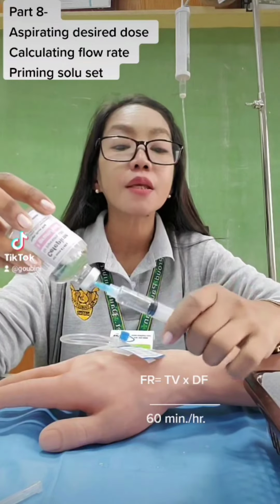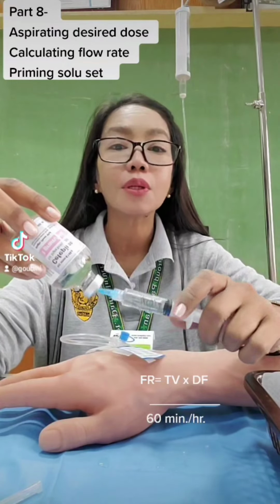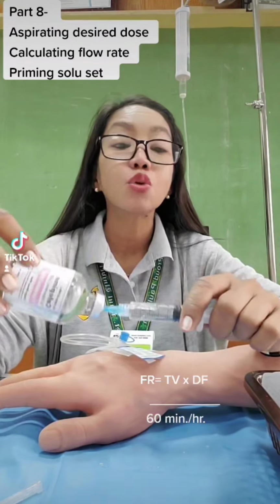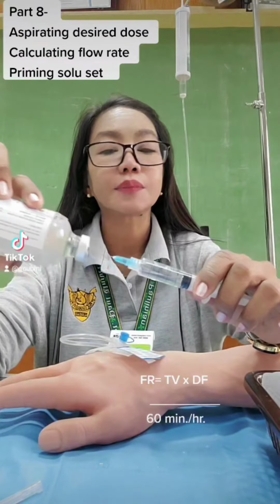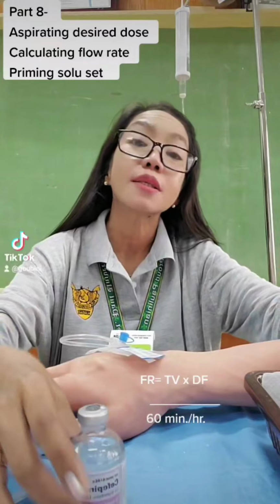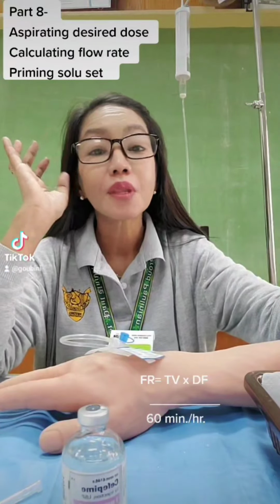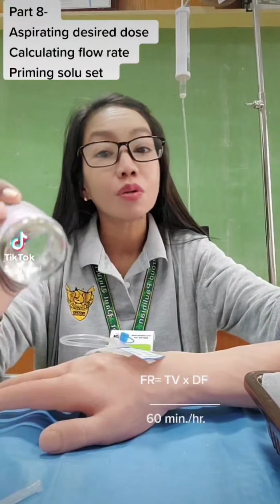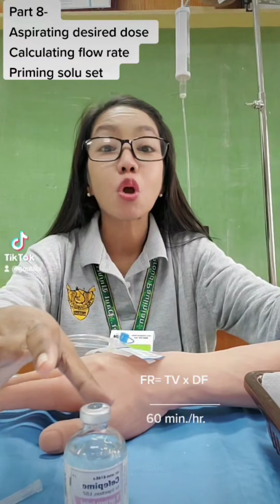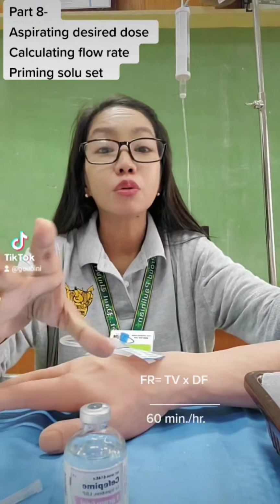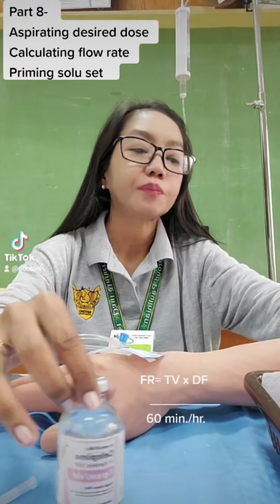That means since you diluted this with 10 cc NSS, you will have a remaining amount of 5 cc. So you will label this with the patient's name, the date and the time it was diluted, and the amount of solution used to dilute the medication.